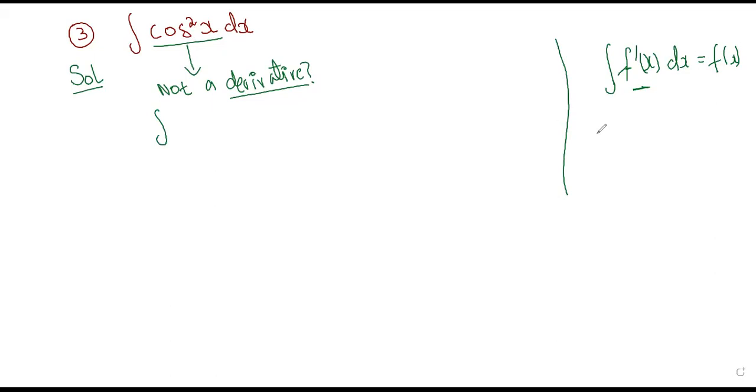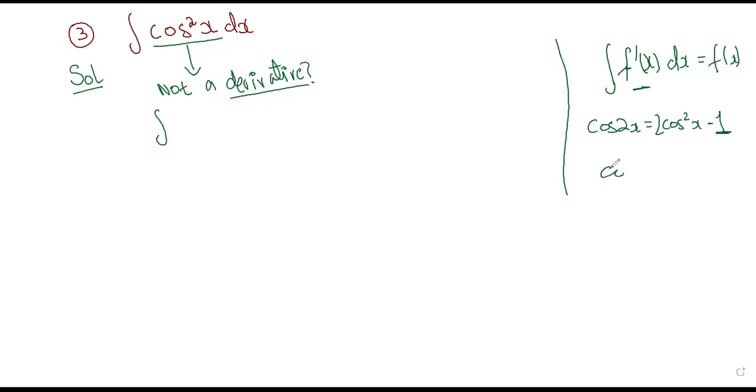And that something can be, we can use this identity. Right, Ranjani? We can use this identity directly.